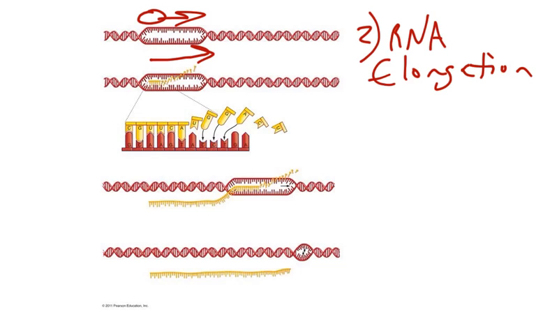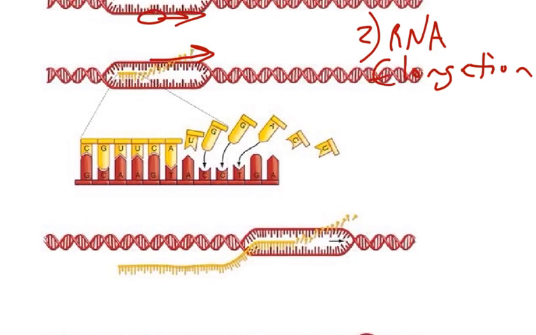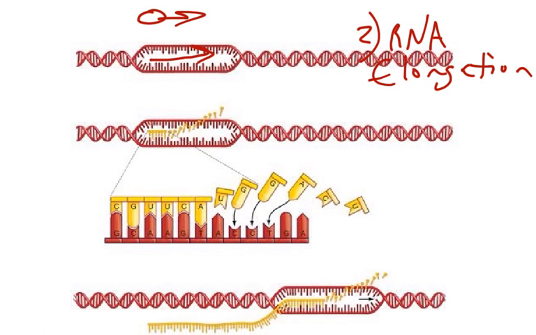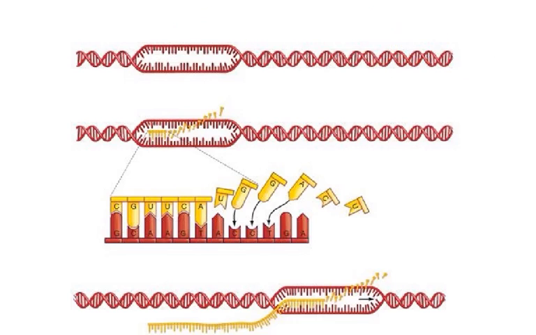If I go in closer and move it over right here, we can see these little nitrogen bases, the parts of the nucleotides. They all come in and bond according to their base pairs: G bonds with C, A bonds with T. Now, in RNA you have U instead of thymine.